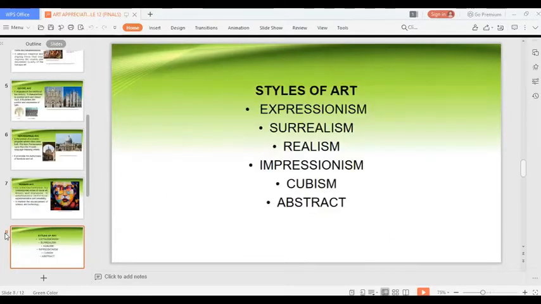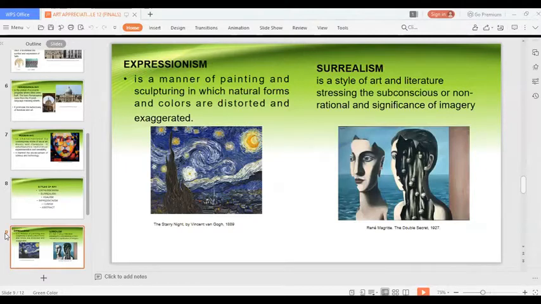Now let's proceed to the other styles of art. We have Expressionism, Surrealism, Realism, Impressionism, Cubism, and Abstract. Okay, so first we have Expressionism. It is a manner of painting and sculpting in which natural forms and colors are, take note, distorted and exaggerated.